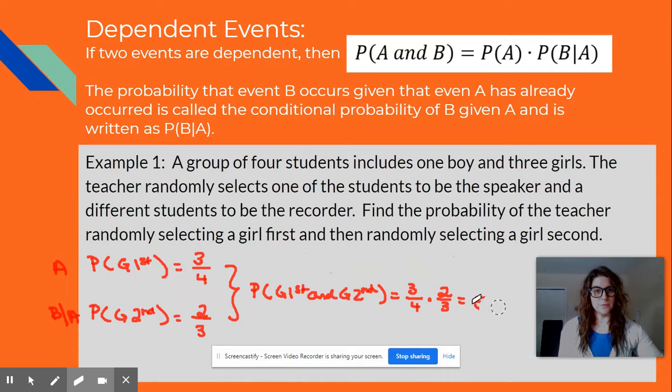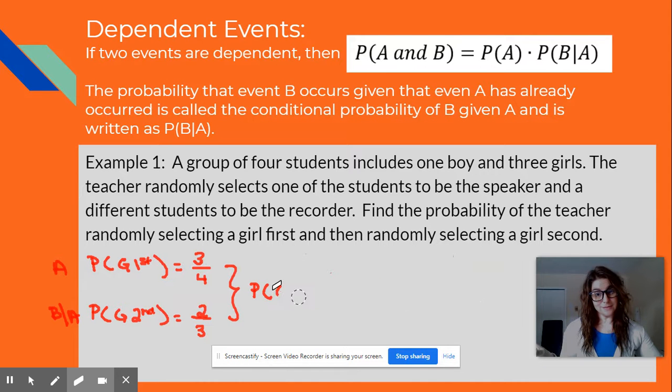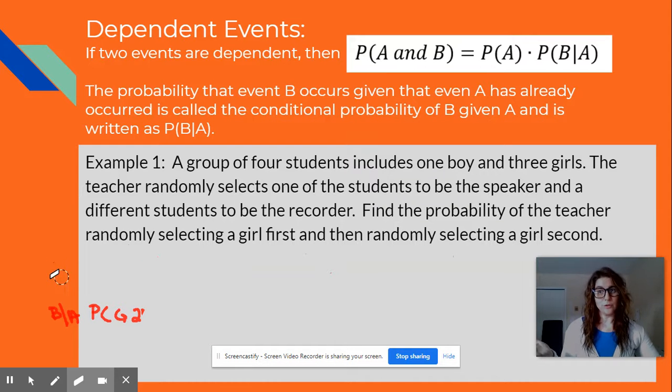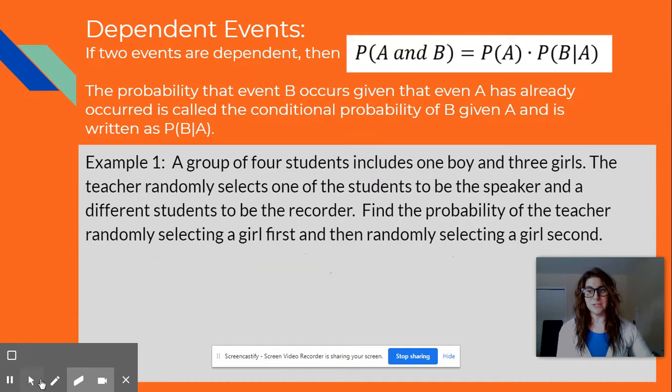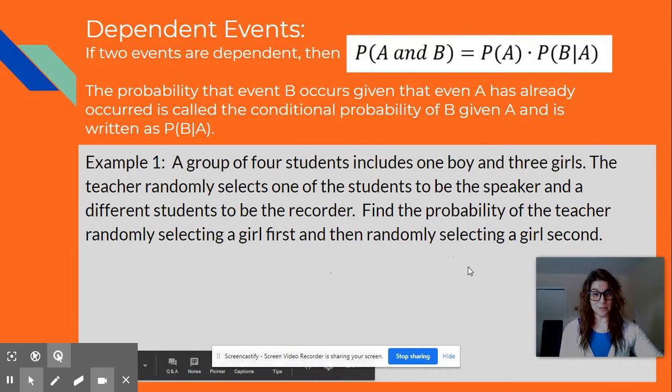Okay, and again, just like before, you are still going to multiply the 2 probabilities, but again, in the dependent, their totals stay the same. It was still 16, something out of 16. This time the totals decreased. They went from 4 possible students she could choose from to 3. Because remember, you can't choose the same person twice there.